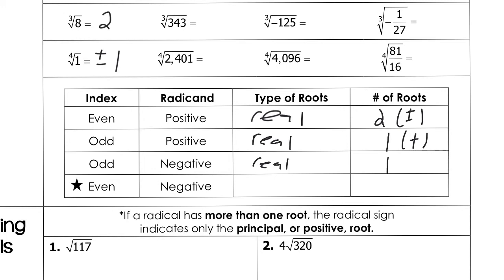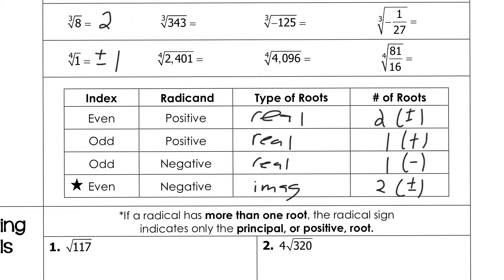But you only have one, and it will be negative. And then last, if you have an even index and a negative radicand, you're going to have imaginary roots, okay? And there will be 2 of them, positive and negative.